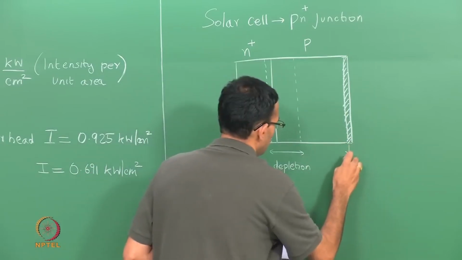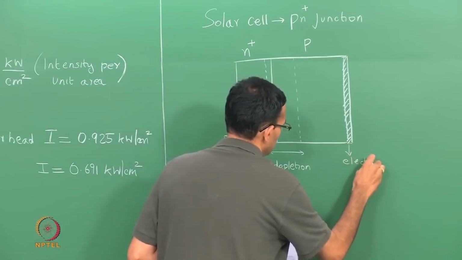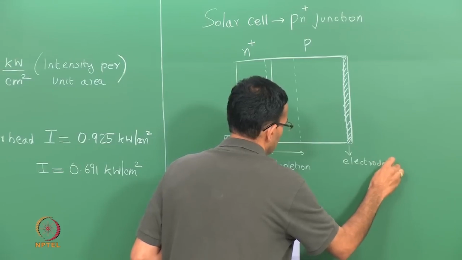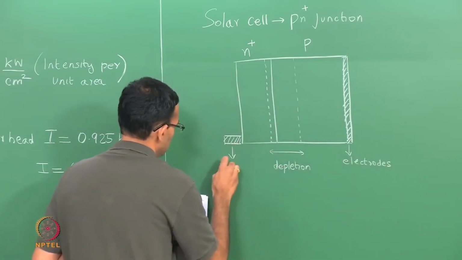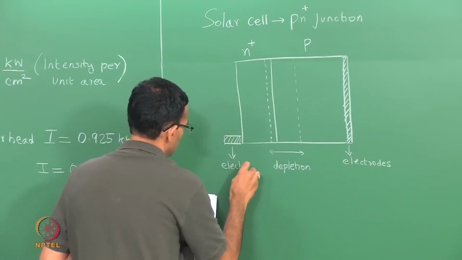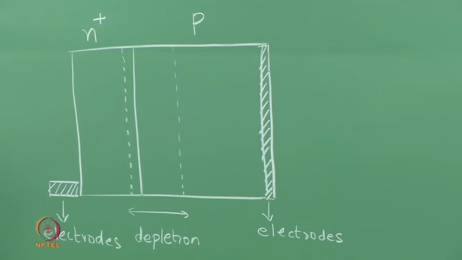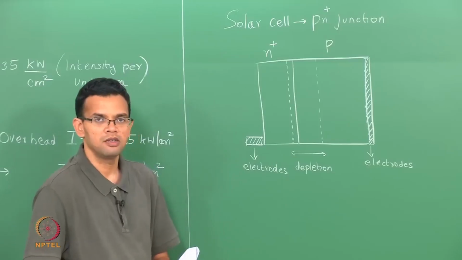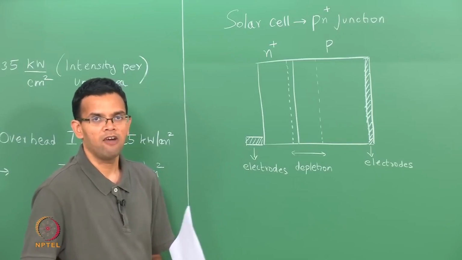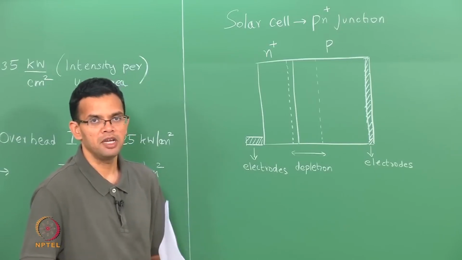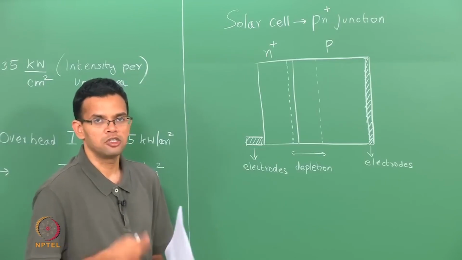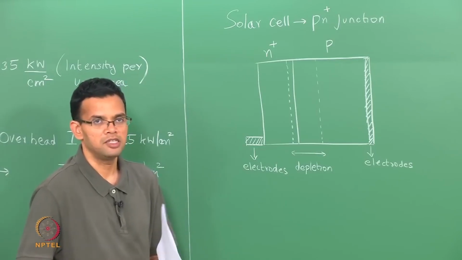So these are electrodes. So we have solar radiation coming from the left and falling on the n plus region. Now your radiation can have both long wavelength, medium and short wavelength. The shorter the wavelength, the higher the energy.